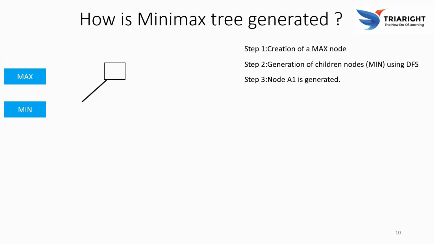From node A1, which is a min node, so we are starting with max, we are going to min. Min, max, min, like that. So we choose the min value here. Explore all the possible moves the min player can make. Each of those moves leads to a new game state and becomes a child node. Okay.